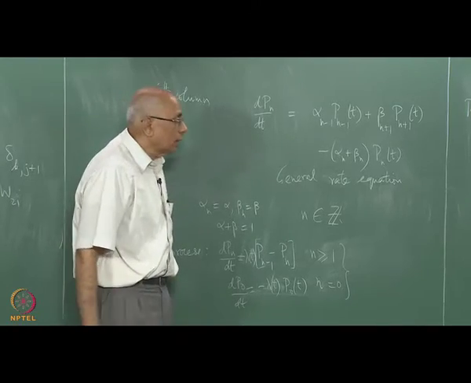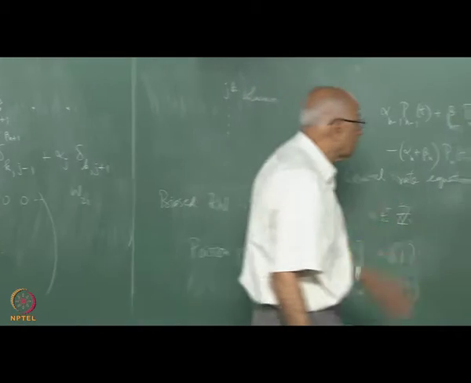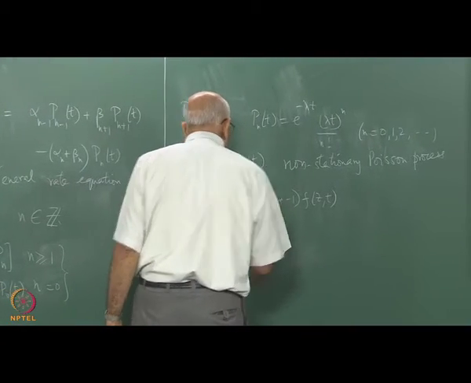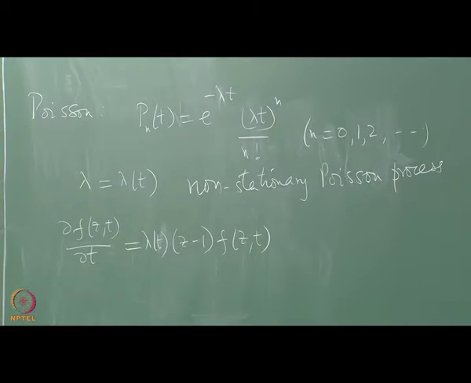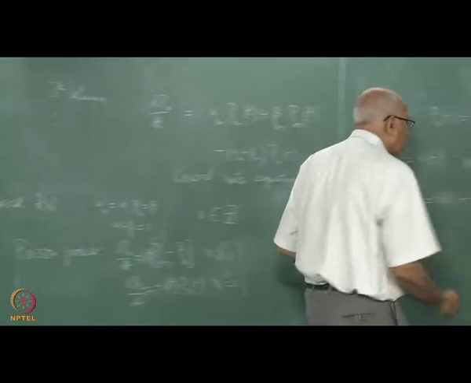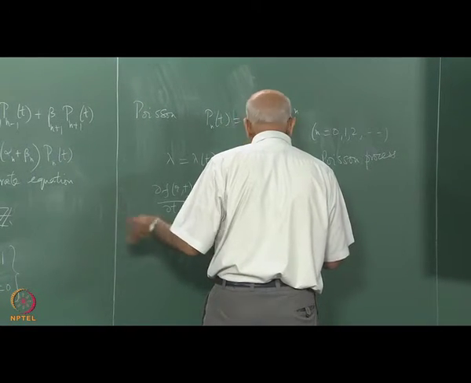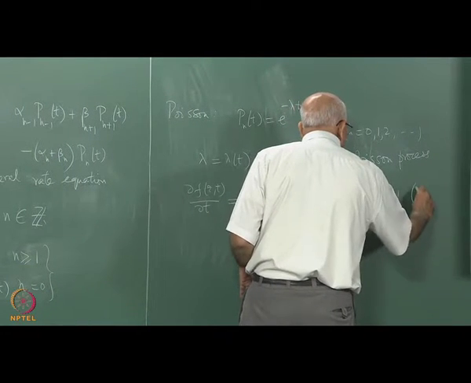Okay. So that is how the z came out. Now what is going to happen is this. Once again, the initial condition is the same as before. We know that only P_0 has a value at t equal to 0, that is 1. So f of z comma 0 equals 1. This is the initial condition.